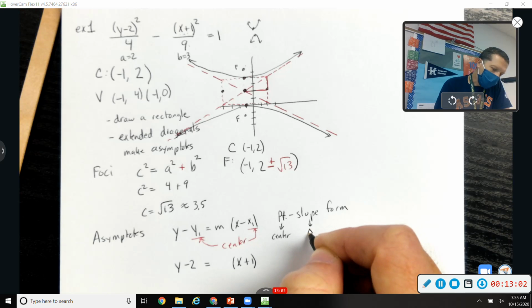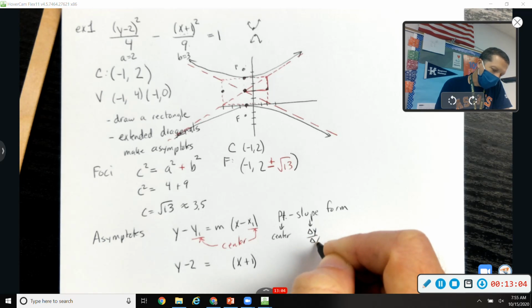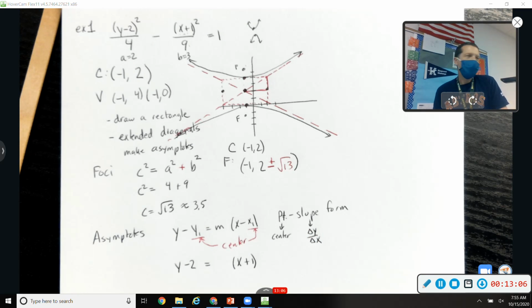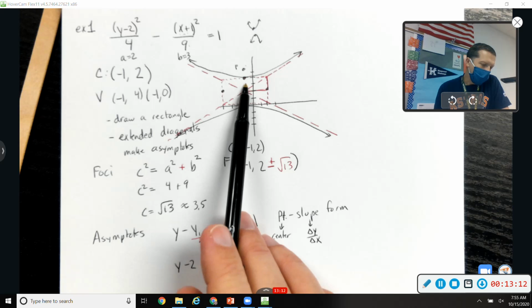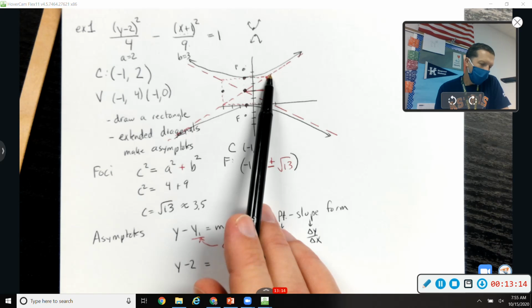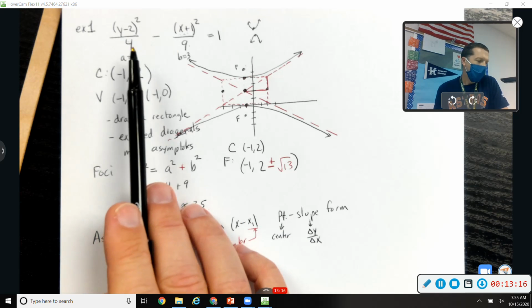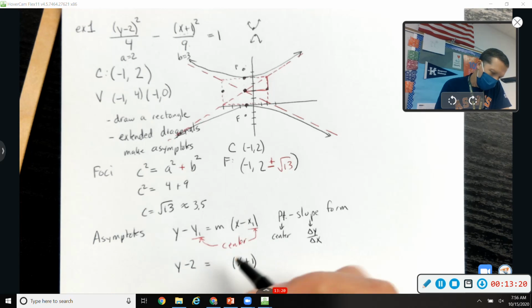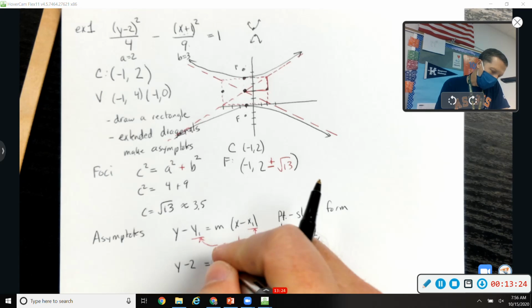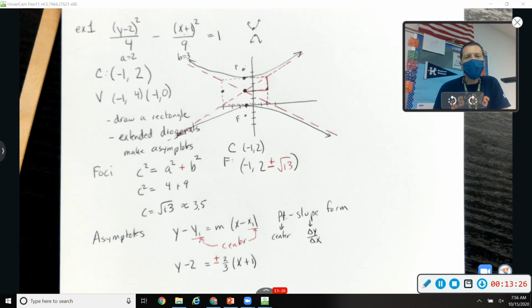The slope is always change in y over change in x, rise over run. And so you look either at the picture, we went up 2 over 3, or you could look at the equation. The change in y is 2, change in x is 3. So 2/3, but put a plus or minus on there to get both of them.